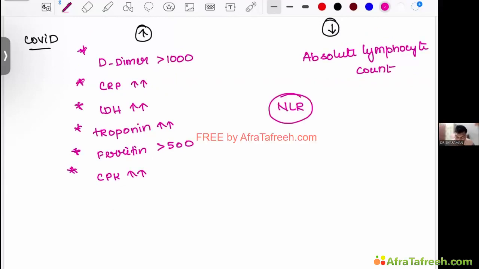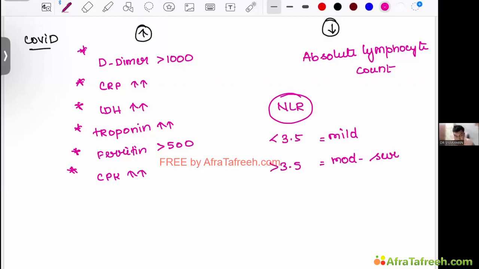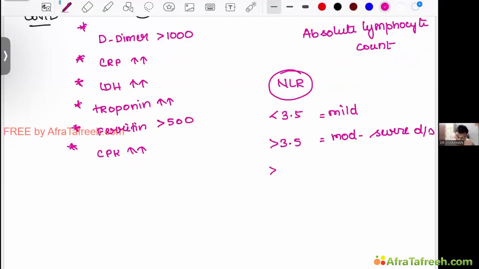When NLR is less than 3.5, the disease is considered mild. Whenever the NLR is more than 3.5, it is going to be moderate to severe disease. Especially whenever it is more than 5, it is going to be severe disease.